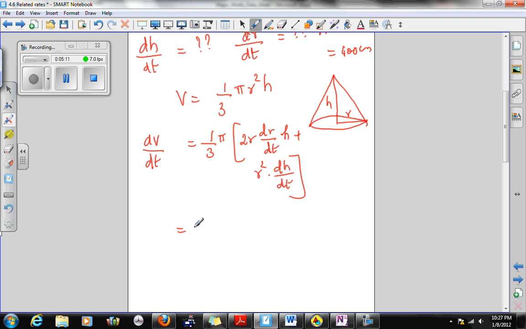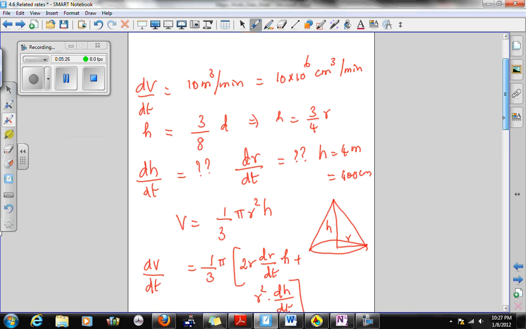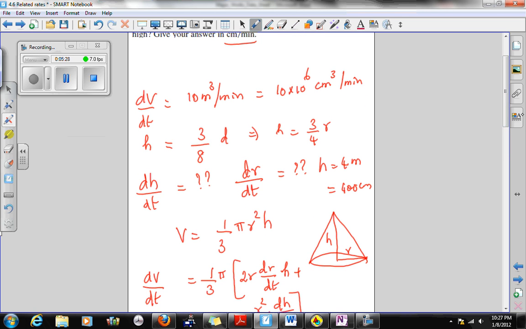So this would be, in other words, 1/3 times 2r times 3/4 r for h, and then dr by dt plus r squared times, we don't know what dh by dt is, but if you go back here, if h is 3/4 r, that tells you that dh by dt is 3/4 times dr by dt.